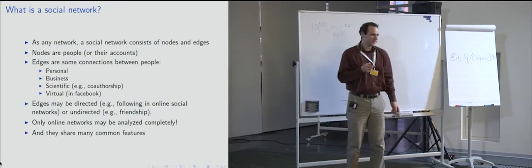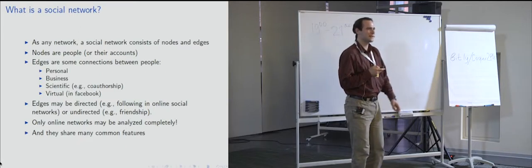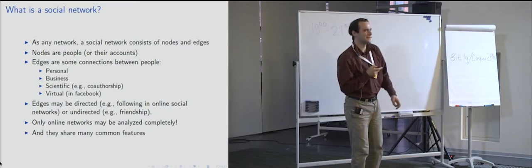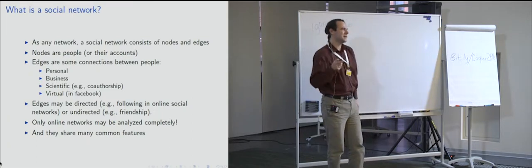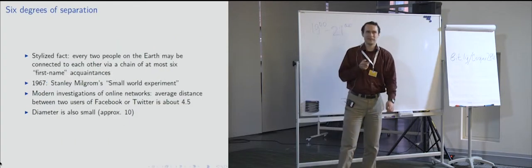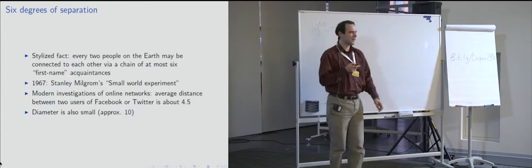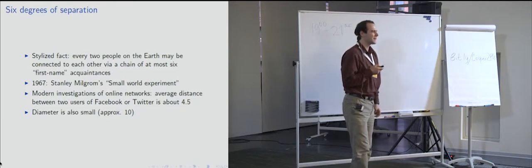Many different networks were analyzed, and there are several common properties that may not occur in other types of networks. So the first property is small diameter, the so-called six degrees of separation.